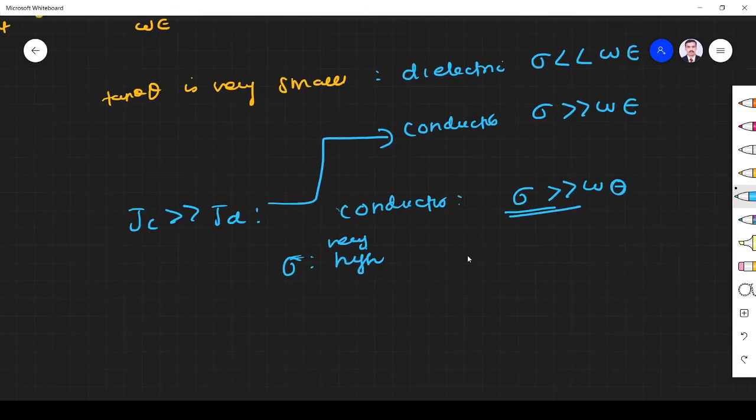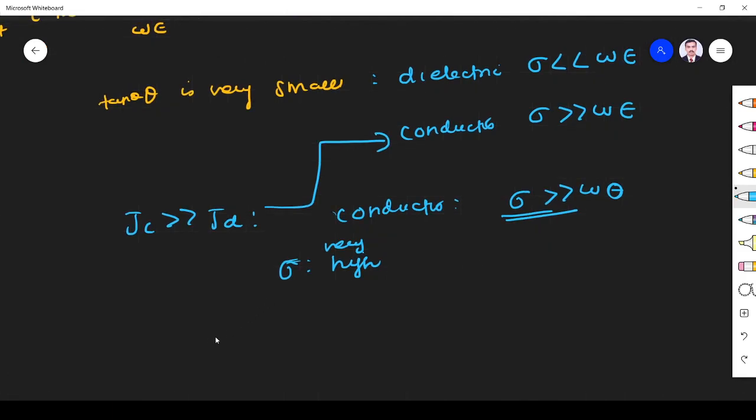When conductivity is very high, we know alpha and beta depend on sigma. When the sigma value increases, alpha also increases.